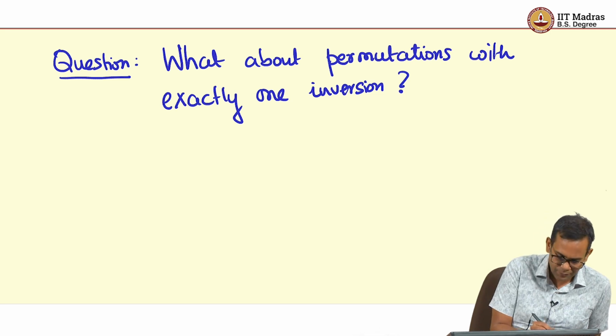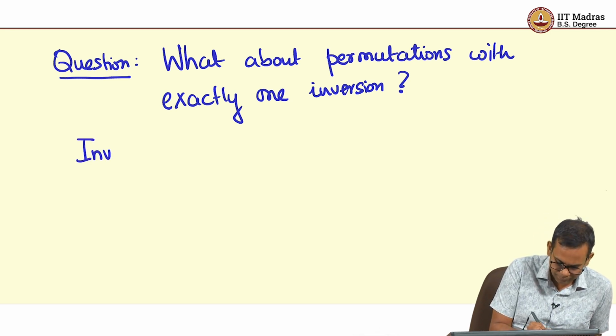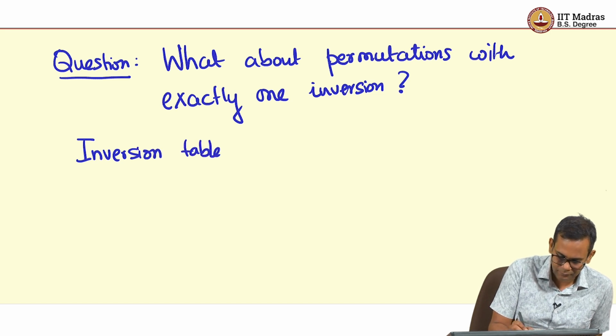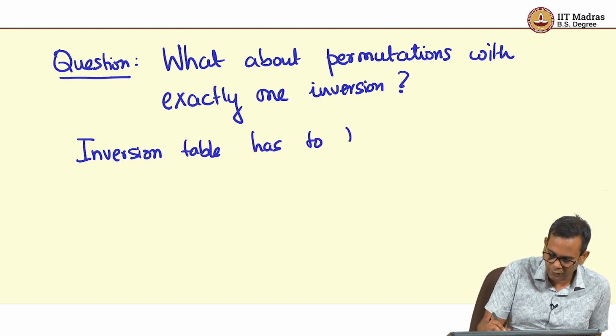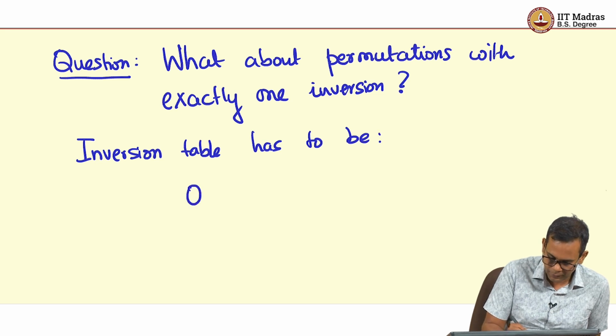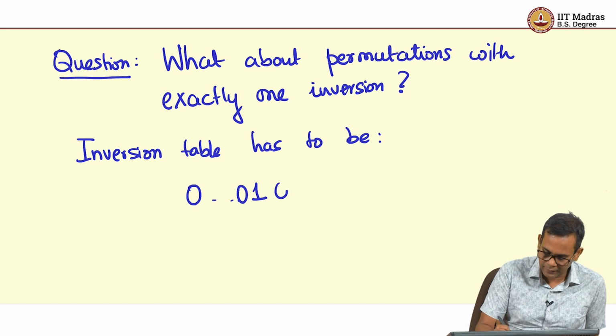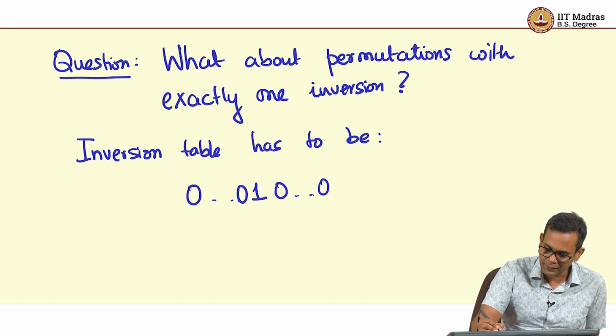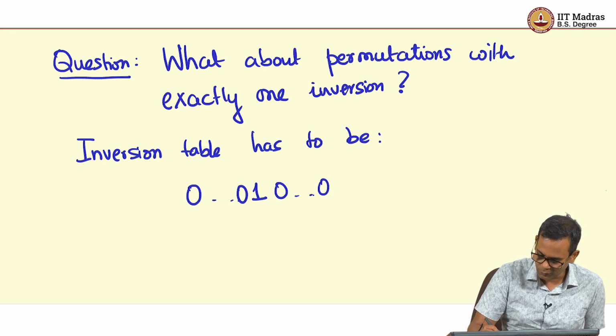The inversion table must sum to 1, right. So, it has to be of the form, you have a bunch of zeros, then you have a 1 somewhere, and then again a bunch of zeros, and the last thing has to be 0 because of the condition that B_n lies between 0 and 0.